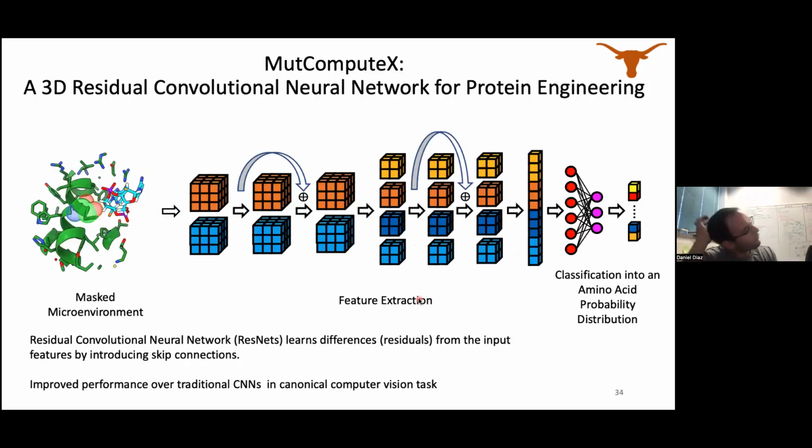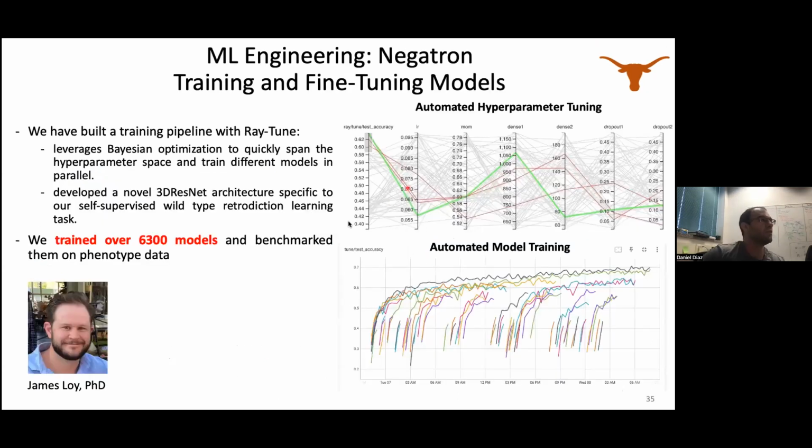And then we've also moved away from a traditional CNN to a residual convolutional neural network. To come up with a starting architecture for this, we use RayTune to span the hyperparameter space, play with the number of neurons at different layers, play with the dropouts and the dense layers.